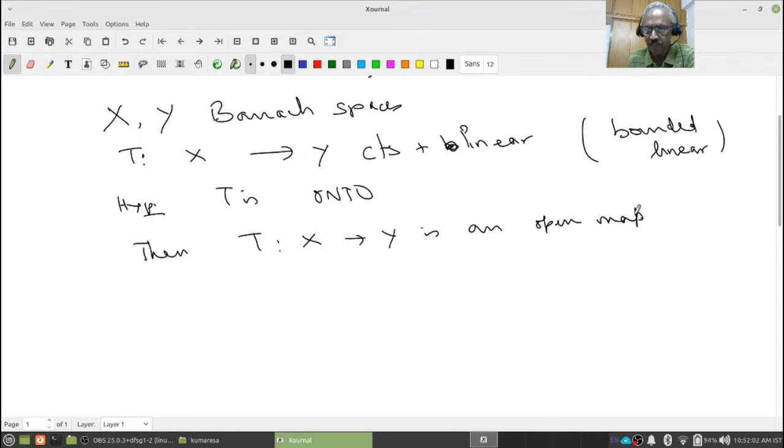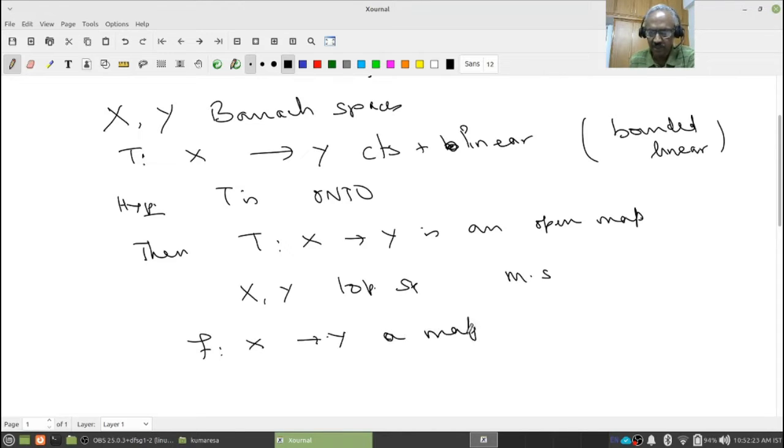If you have already learned metric space topology or topology in general, you know what this means, but we will quickly go through that. Suppose X and Y are topological spaces, or if you don't like them, metric spaces, and suppose F from X to Y is just a map, not necessarily continuous.